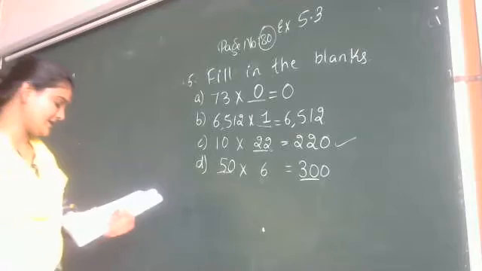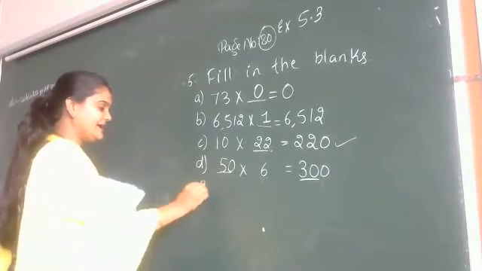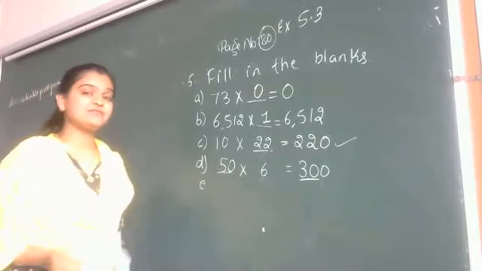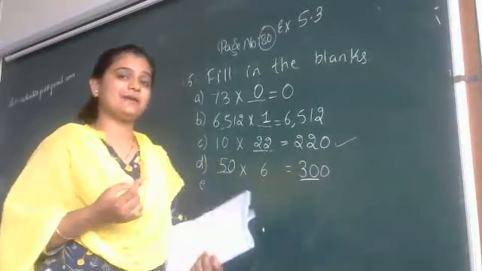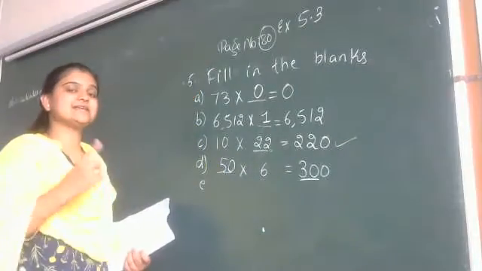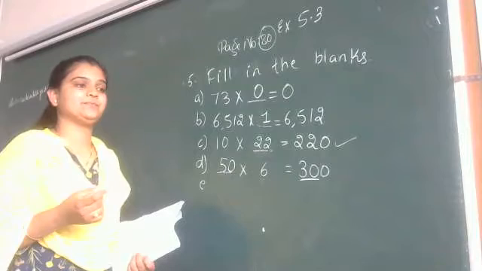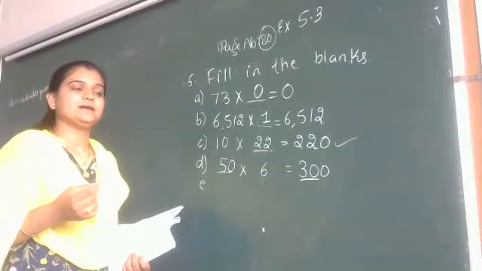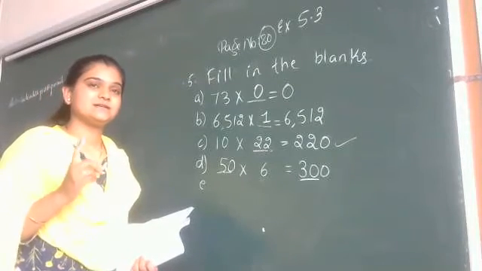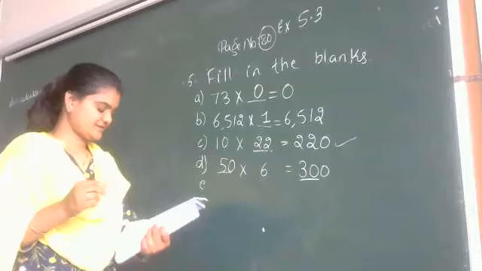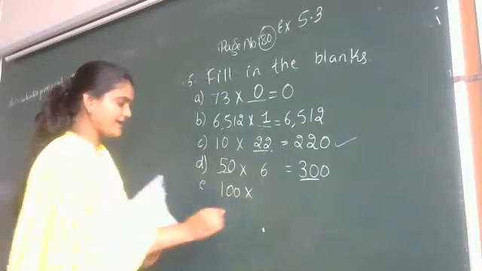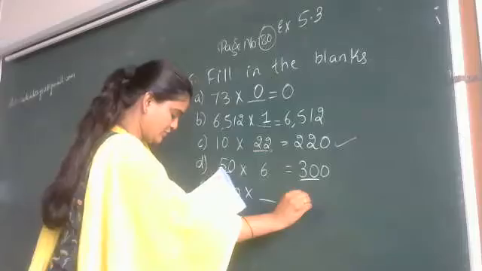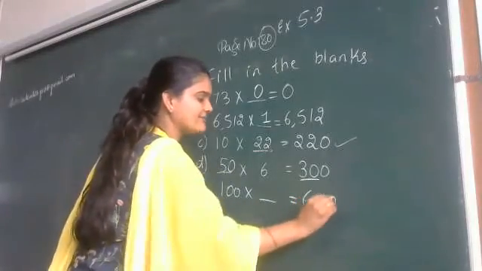Yes, ma'am. Okay. Next, E and F is for homework. Very simple. 100 into what number gives 6,700?